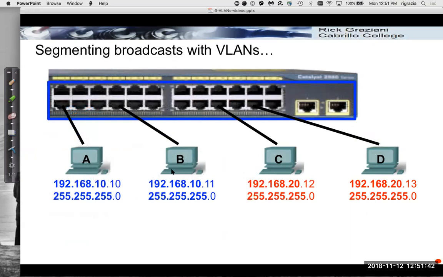We have A and B belonging to one subnet and C and D belonging to another subnet. Which devices can talk to which? Can we actually do this? Certainly. So in the upcoming videos, we'll take a look at the advantages and disadvantages of doing this and how we can actually segment something called the broadcast domains with VLANs. Okay, so that'll be in our next video.